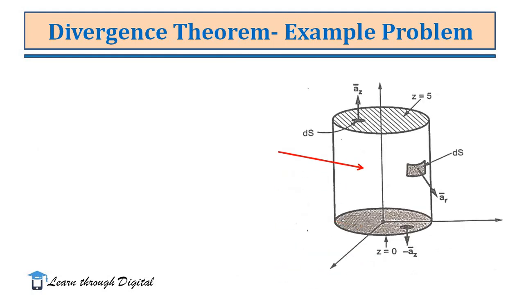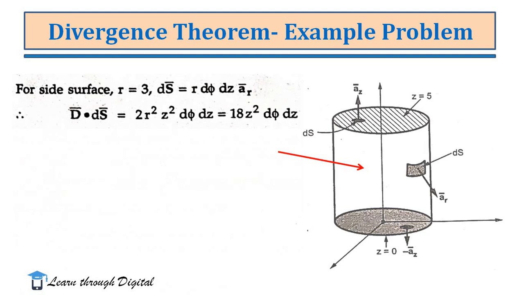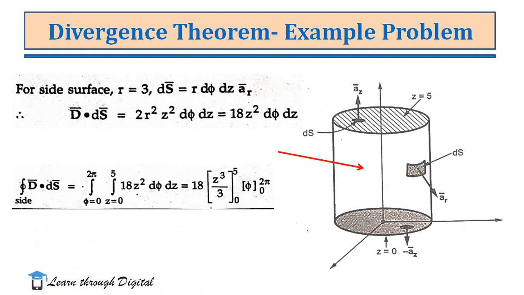Similarly, next I am going to consider the side surface. For the side surface, r is equal to 3. dS vector is r dφ dz ar vector. The same way, I evaluate the side surface.